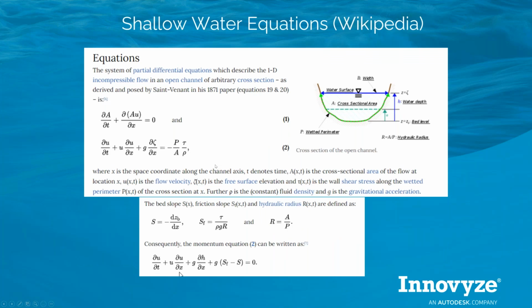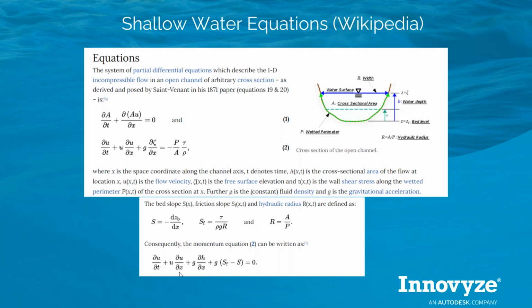All right, I'll skip over this, but basically both networks solve the 1D Saint-Venant equations. I will mention that they share the 2D engine. If you use 2D data or a 2D mesh inside of InfoWorks ICM, it is the same mesh and the same engine that's used in the SWMM network of ICM.